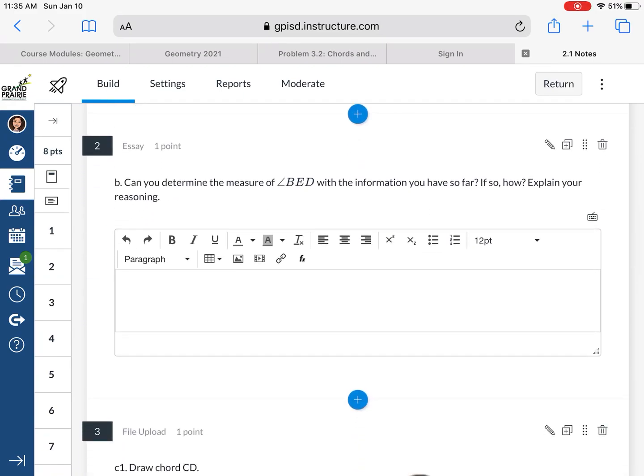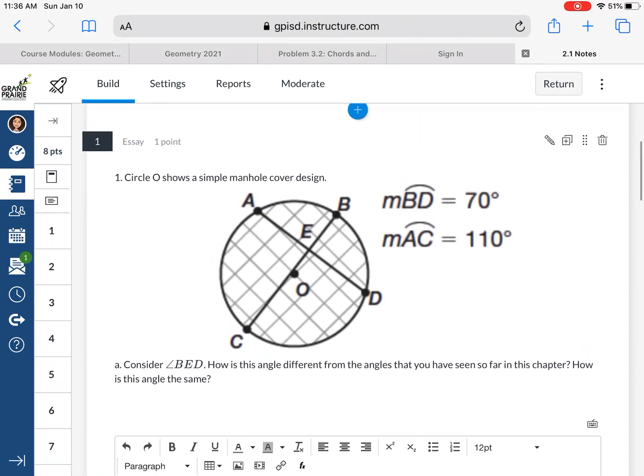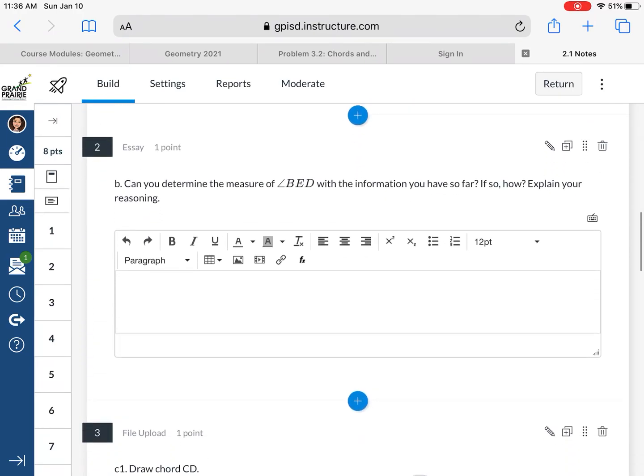Now, what do you think? Do you think that we'll be able to determine the measure of this angle with the information that we have so far? So pause the video and see if you can figure out what the measure of this angle is. You would have to go back and review this picture.